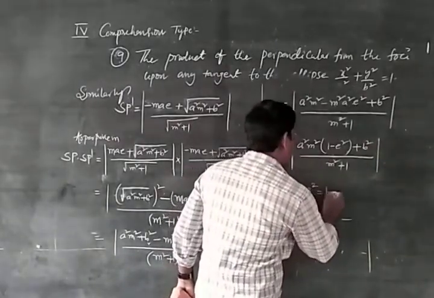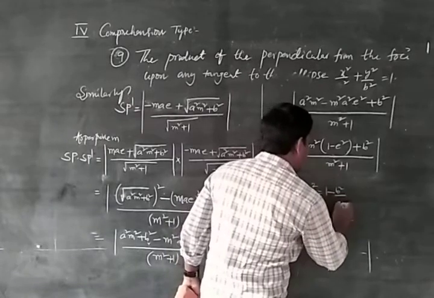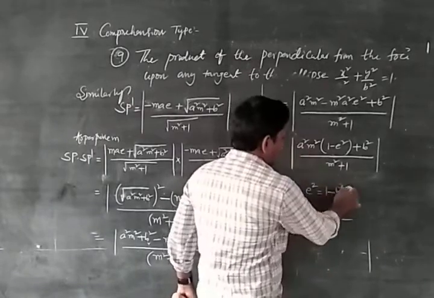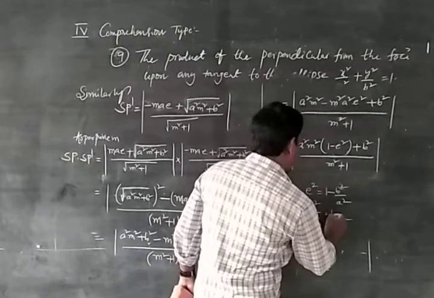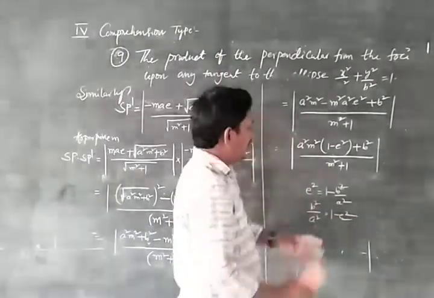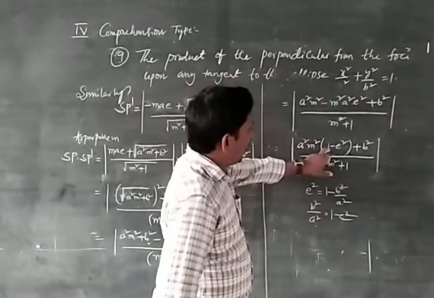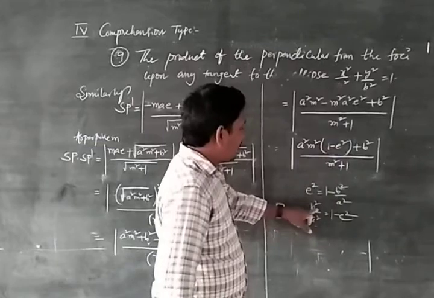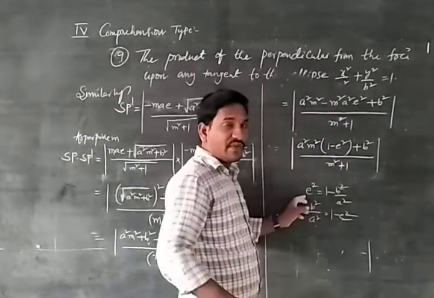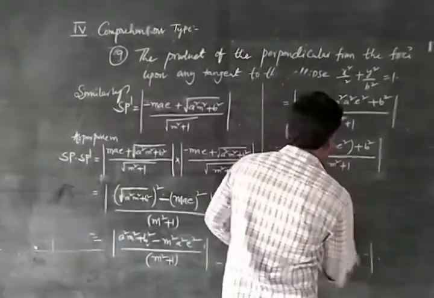From that formula, in the place of 1 minus e square we have to write b square by a square.